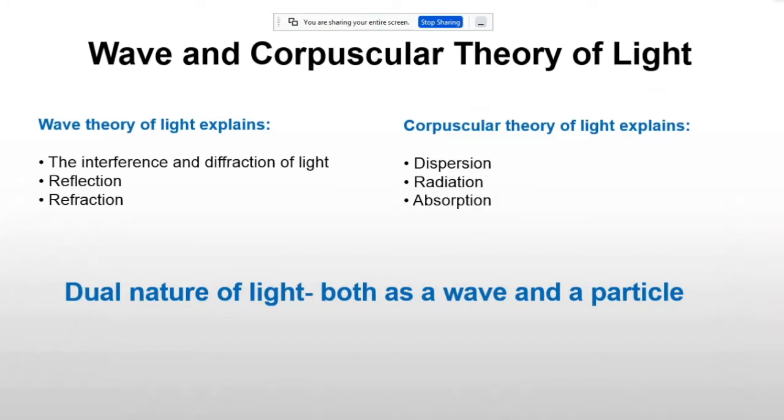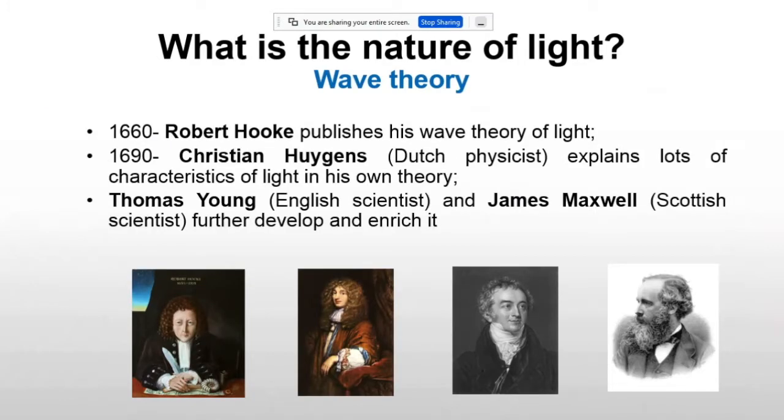So there are wave theories proving light has some wave qualities, like interference, diffraction, reflection, and refraction. And the corpuscular theory explains some phenomena like dispersion, radiation, and absorption. Nowadays, we know light has dual nature. It behaves both as a wave and a particle.